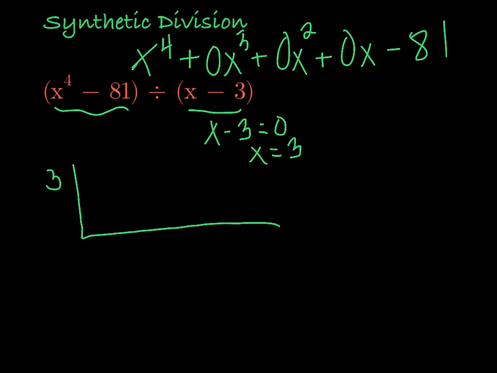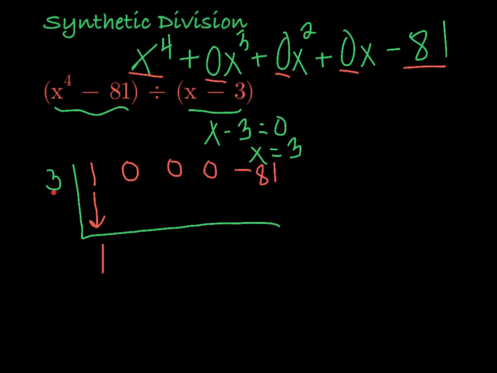The first coefficient is 1. The second coefficient is 0, and the third and fourth are also zeros. And then the last one is negative 81. We always bring down this first term, 1.